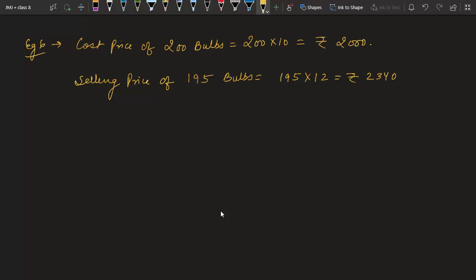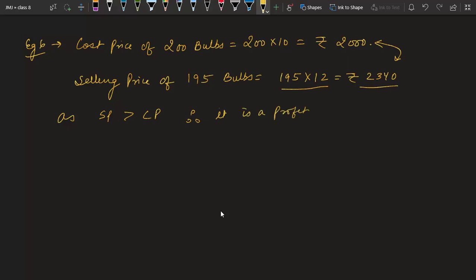It can be observed that it is obviously a gain. Although 5 bulbs were damaged, still after selling 195 for 12 each, he is getting this much money, so it is a profit. We can say as SP is more than CP, therefore it is a profit condition.